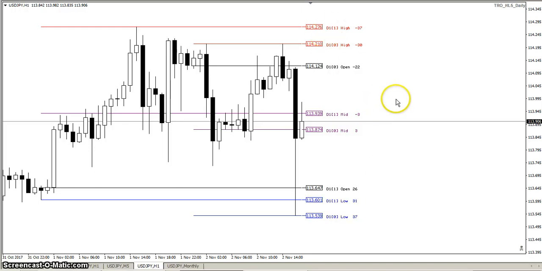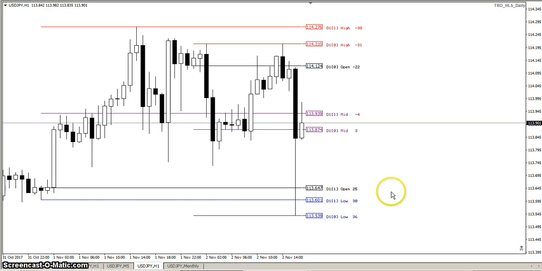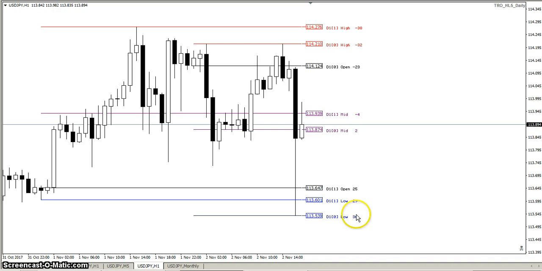You can customize it however you want. So I have mine set to show the current day D1 0 bar and D1 1, which is one day ago, one bar ago. The indicator tells you how far the close is from these different levels. I also have the open, the high and the midpoint.